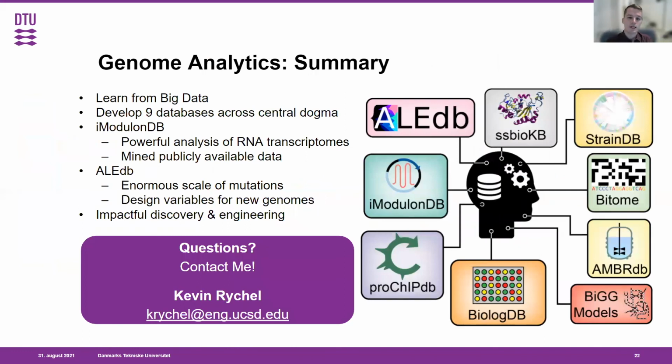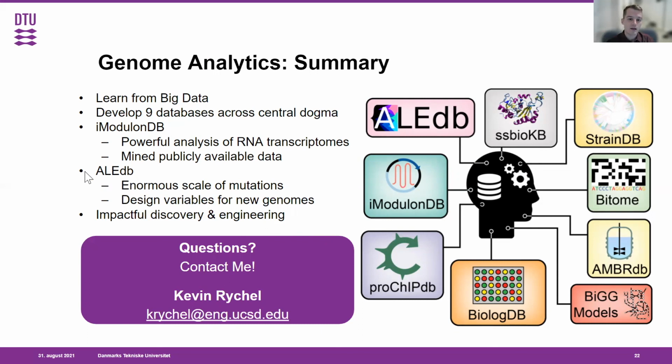So today, I introduced you to the Genome Analytics team, where we learn from big data, and we've developed, to various levels, these 9 databases. We talked in detail about iModulonDB and how iModulons can inform which groups of genes are co-regulated and what their activity levels are, and how we've expanded that to cover so many new novel organisms.